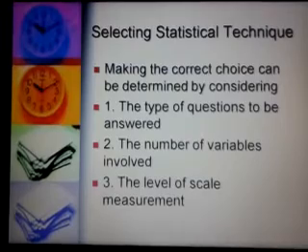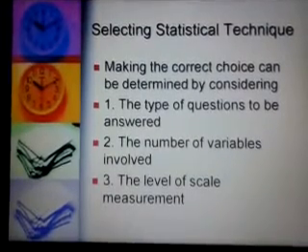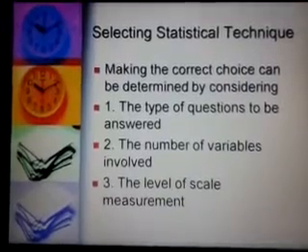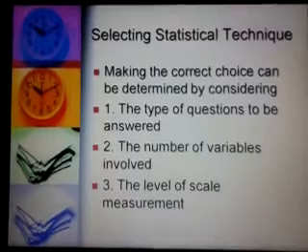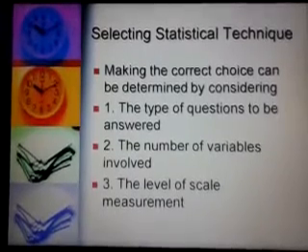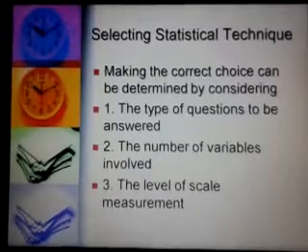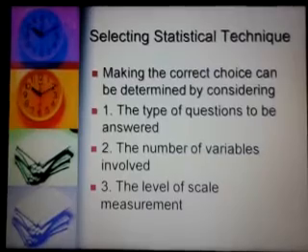Making the correct choice can be determined by considering the type of questions to be answered. So the first and most important thing that we need to consider is the type of questions to be answered. What is the objective of research? What is the research actually trying to find out? Depending on what we are trying to find out, we may choose the test.